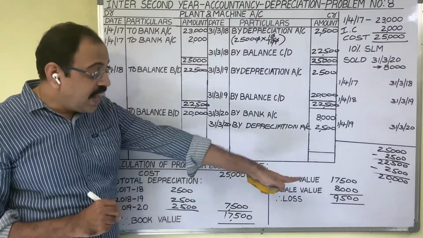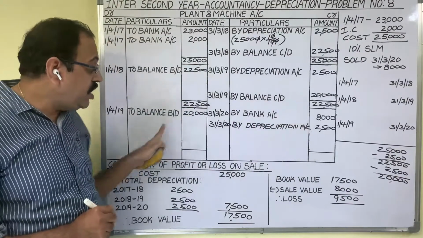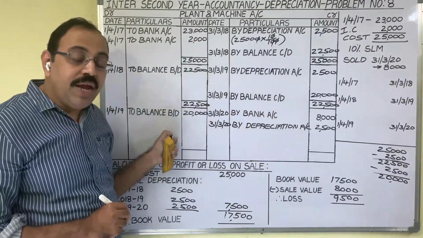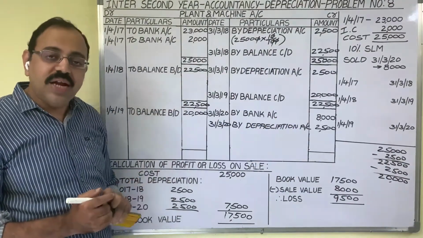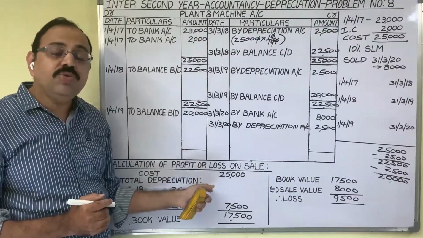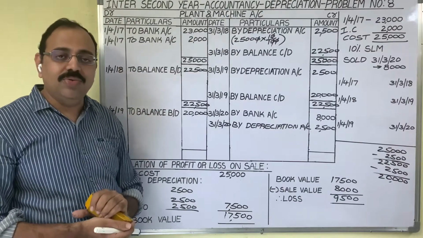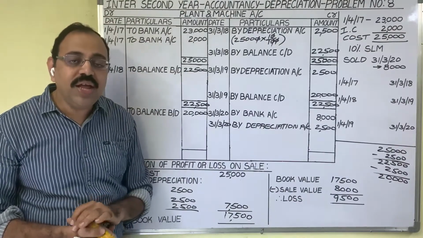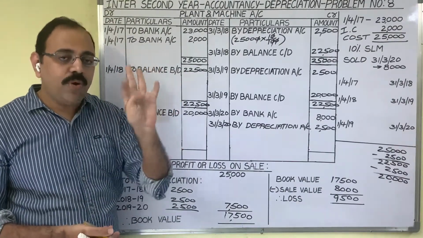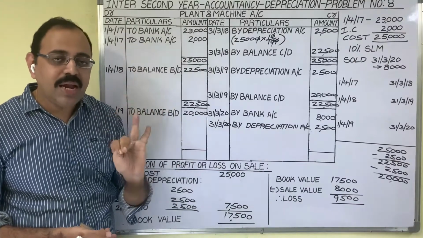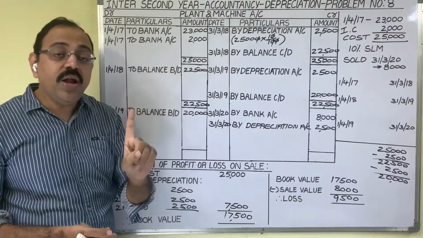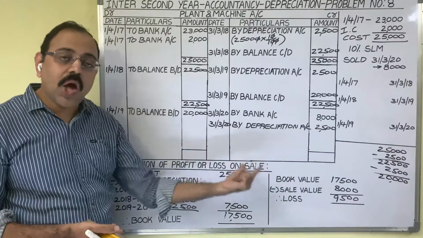Then this 9,500, which side should we write, debit side or credit side? That is the doubt. This 9,500 loss, again we show in final accounts. Final accounts contain trading account, profit and loss account and balance sheet. In the profit and loss account, we have to show this loss.